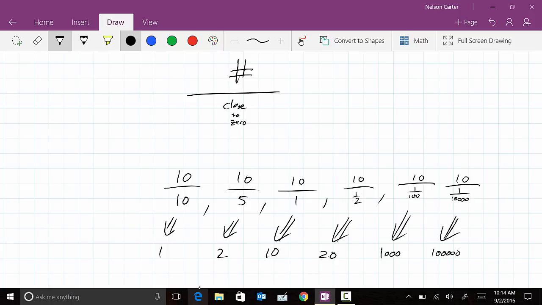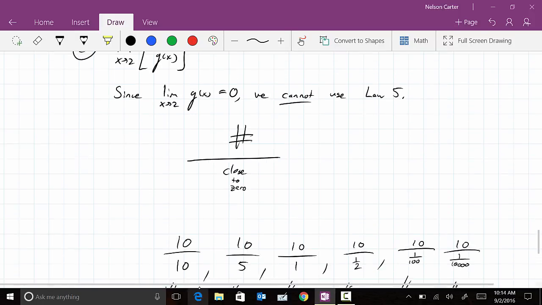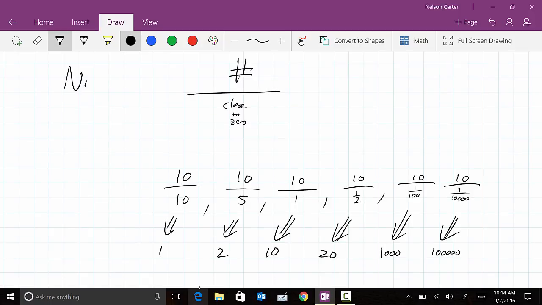So it looks like it's growing without bound, and that means there's no limit. The limit's not approaching anything. We talked about on 1.5 when that sort of thing happens. A lot of times we would say that the limit is equal to infinity. But that still doesn't mean that the limit exists. It's just more descriptive. So that's an important thing to note.